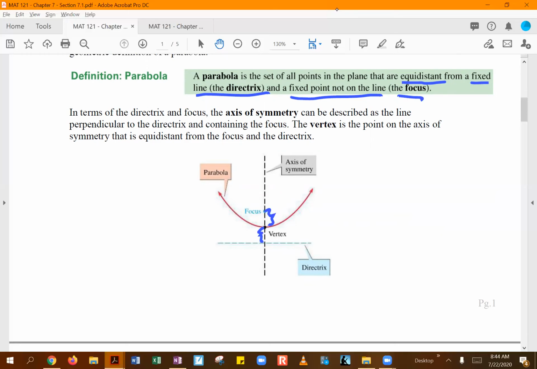From chapter 3, you should remember that the axis of symmetry passes through the vertex of our parabola. In terms of the focus and the vertex, our axis of symmetry is going to pass directly through both of those points, and it is going to be perpendicular to the directrix. So it makes that 90-degree angle between the axis of symmetry of our parabola and the directrix.